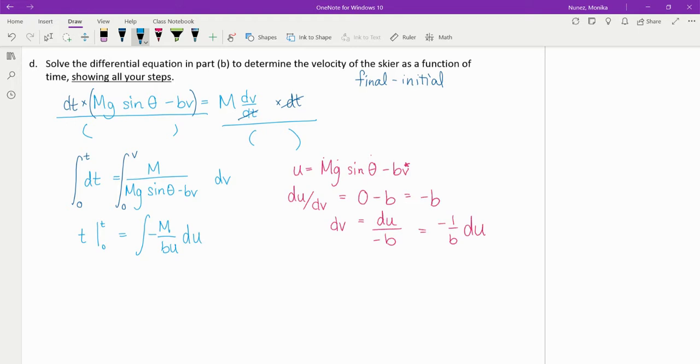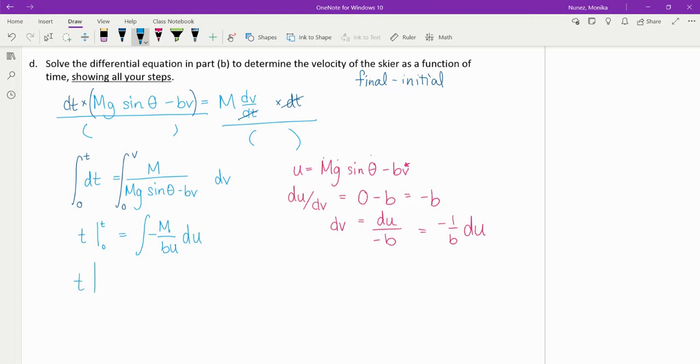And that negative 1 over b times du is what took the place of the dv. I am leaving these limits off. You know how I had 0 to v initially? I'm leaving those off for now because now I've changed the variable from being the variable v to being the variable u. We'll wait on evaluating those limits.